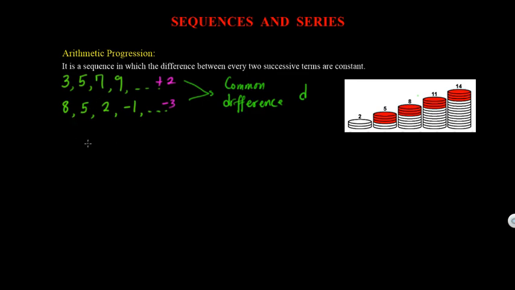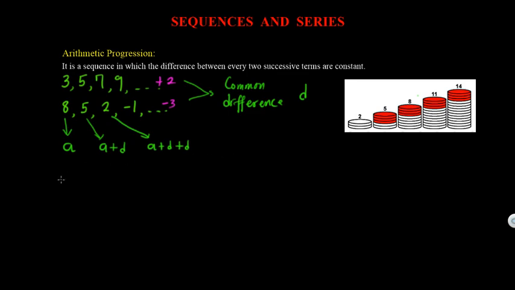So in an arithmetic progression, the first term is always denoted with A, small letter a. The second term is gotten by saying A plus D, and the third term will be A plus D plus D, where D is the common difference.